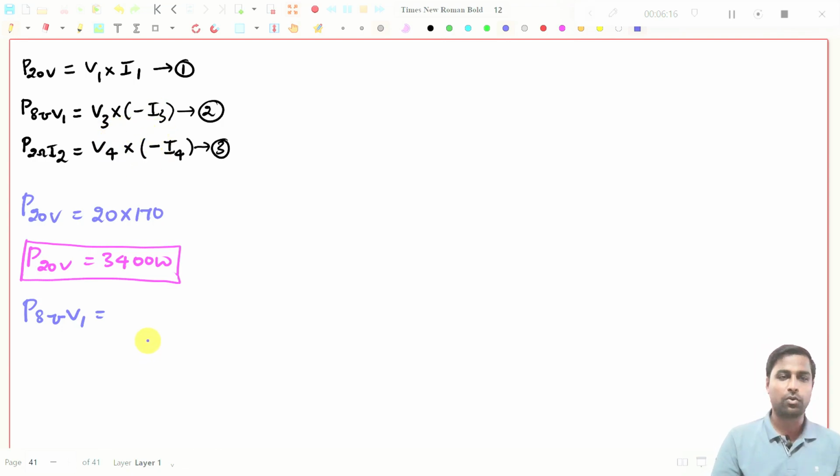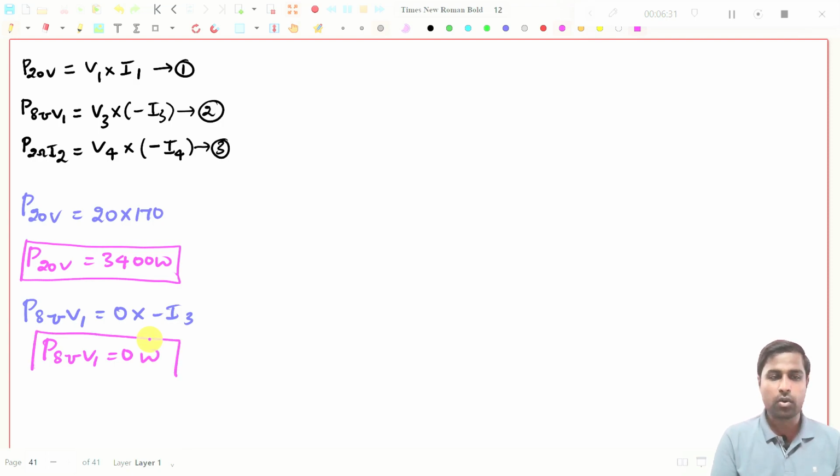Since V3 is 0, substituting 0 gives P of 8 mho V1 equal to 0 watts. That is because the voltage across the source is 0, so obviously the power delivered by this source should be 0.